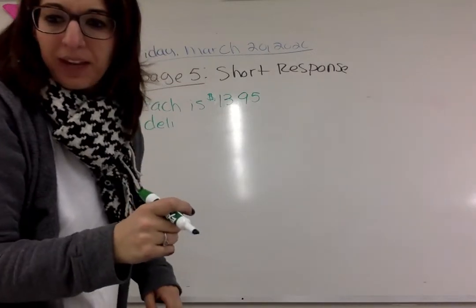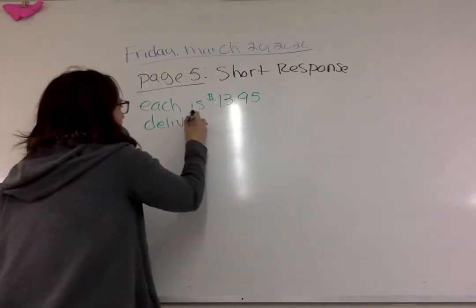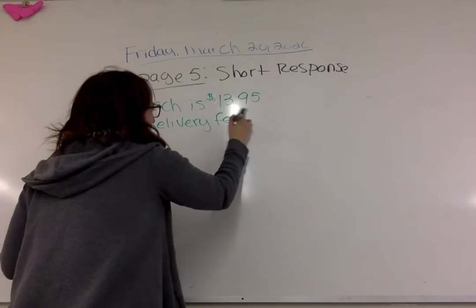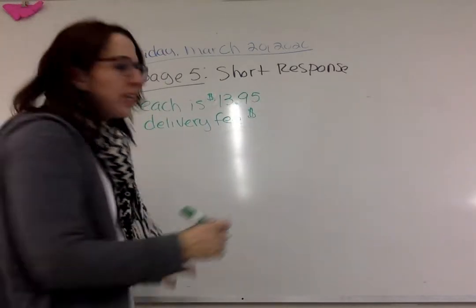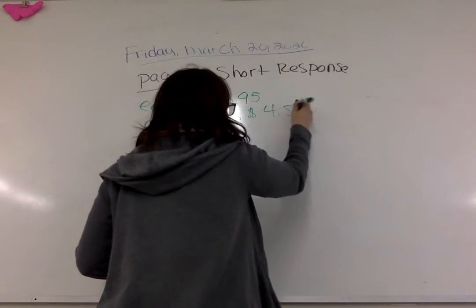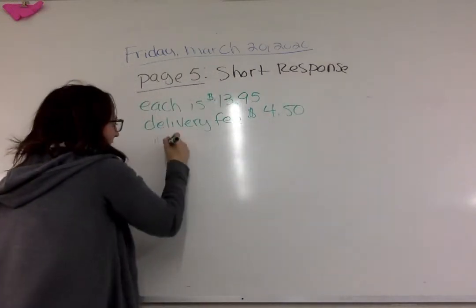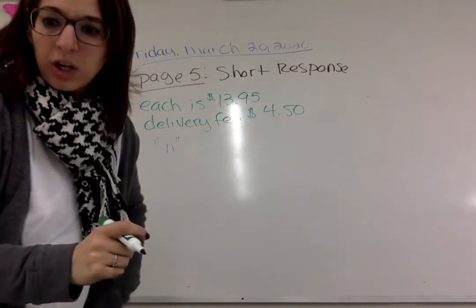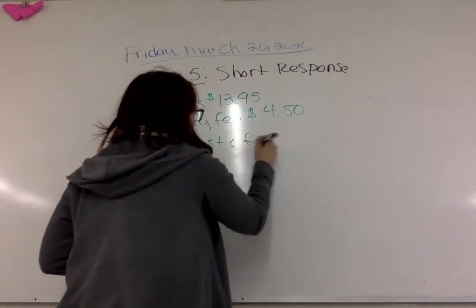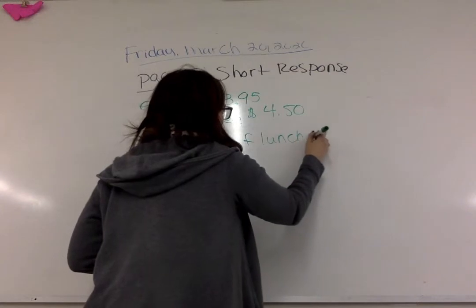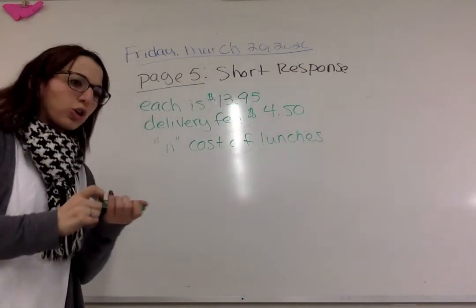So a delivery fee means it's a fee that you have to pay for a person to deliver you the food. And that one-time fee is $4.50. And it tells you to use N to represent the cost of the lunches that he orders for the teachers at his school or colleagues.